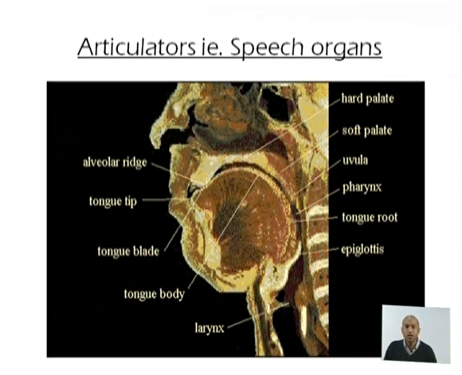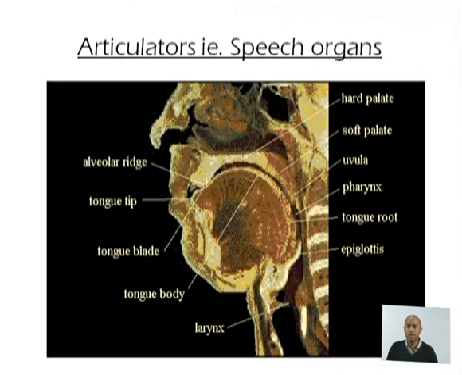it is important for us to go through these as well. So alveolar ridge, the tongue tip, we all know the tip of the tongue. The tongue blade is the side part of the tongue. The tongue body, the middle fleshy part of the tongue. The larynx inside the throat. Yes, the epiglottis is that little part that hangs in the throat.